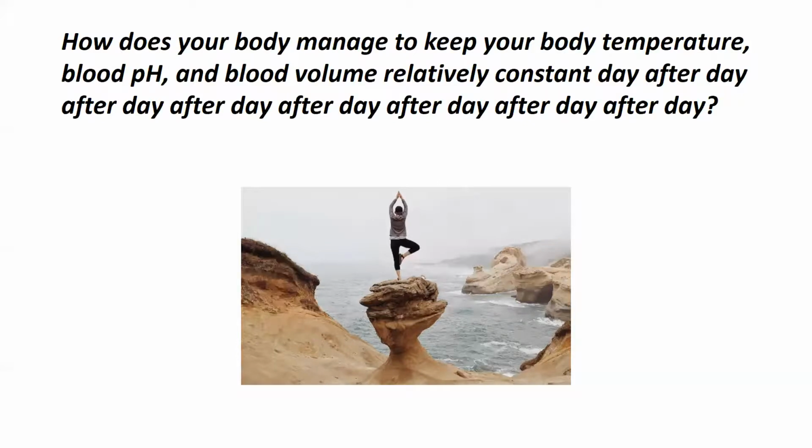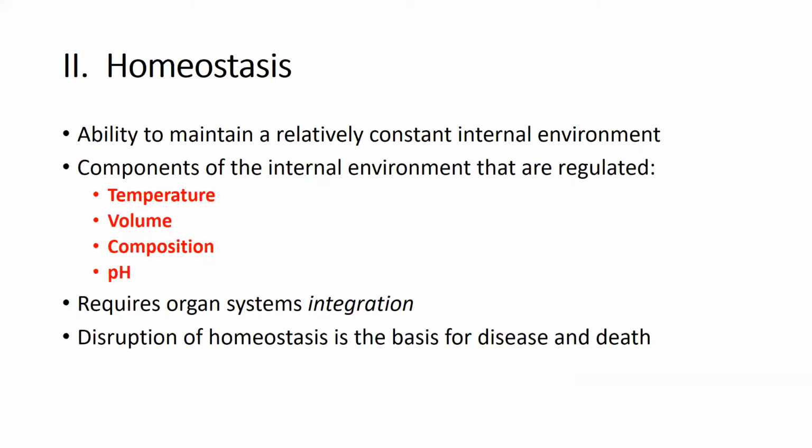So this is the ability to maintain a relatively constant internal environment, with regards to components such as your temperature, your blood volume, your composition, and your blood pH. How acidic or alkaline is your body's internal environment?